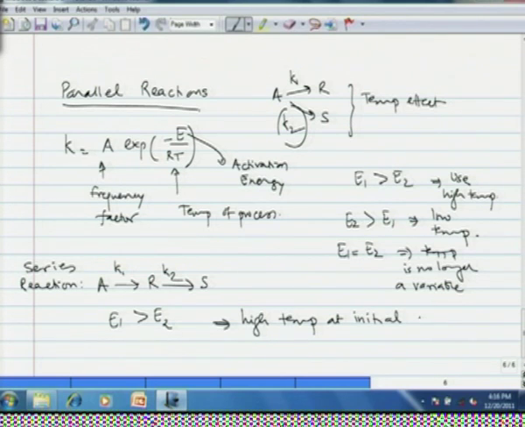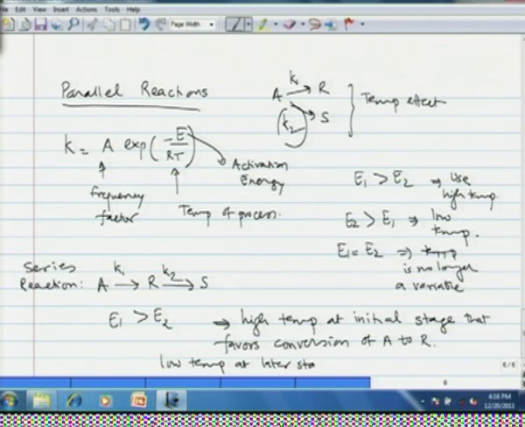High temperature at the initial stage or initial time favors conversion of A to R, and low temperature at a later stage suppresses conversion of R to S.